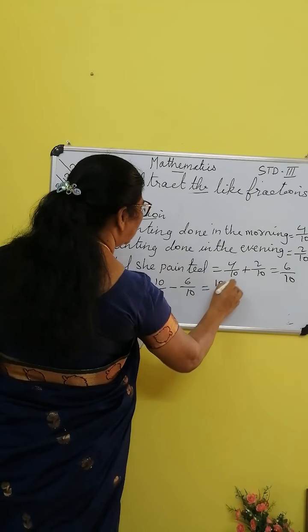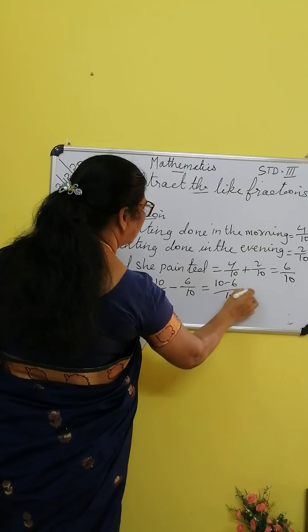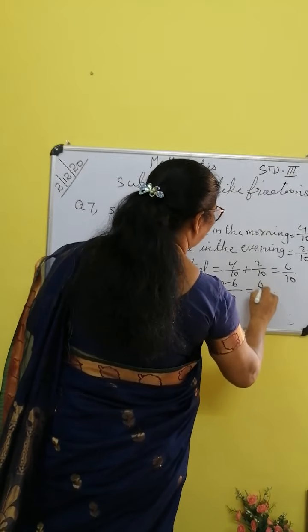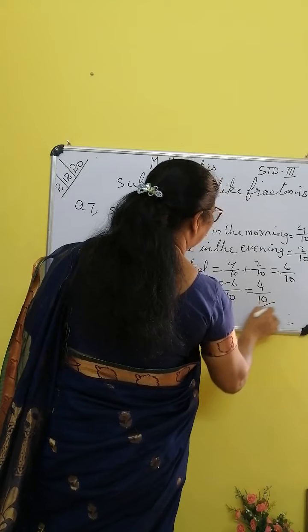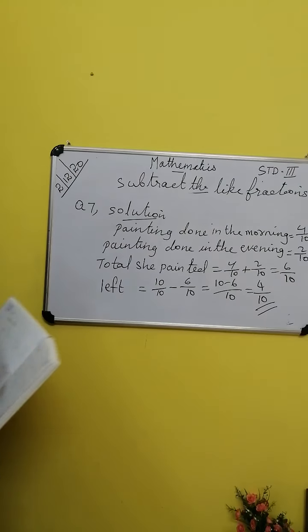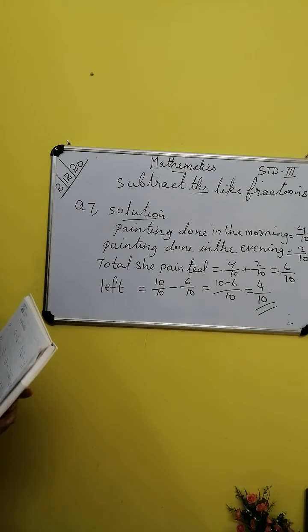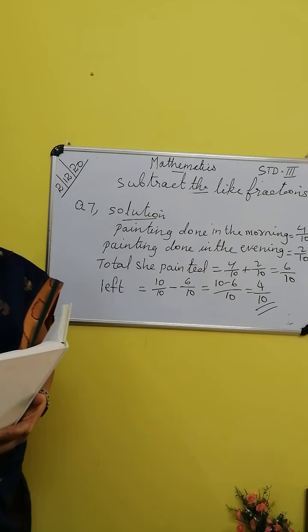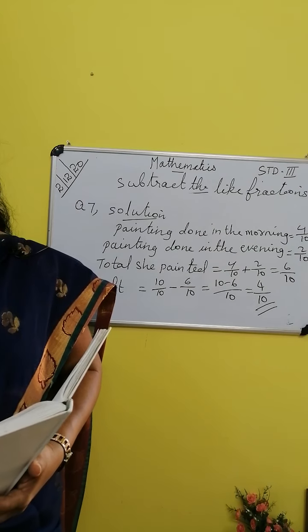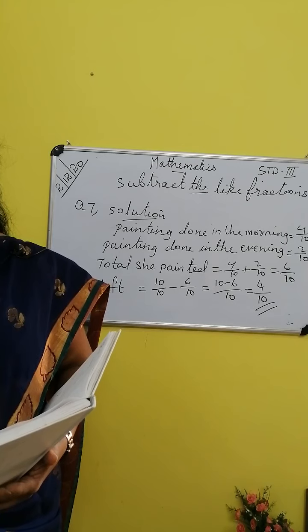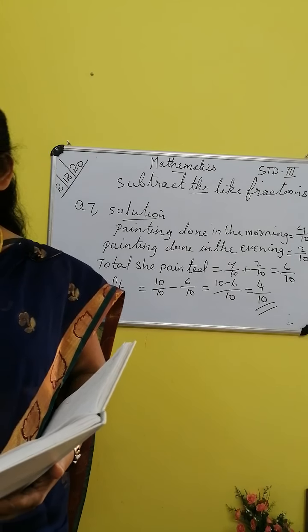So 10 minus 6 by 10. 10 minus 6 is 4. 4 by 10 is remaining. Okay. This is subtraction. The first one was addition. Okay. To find fraction of collection.